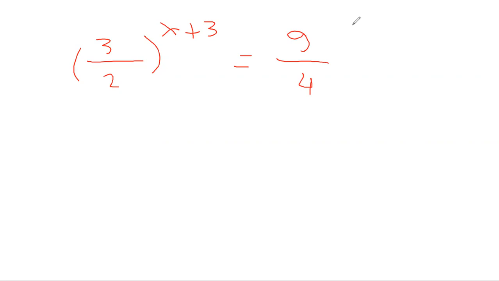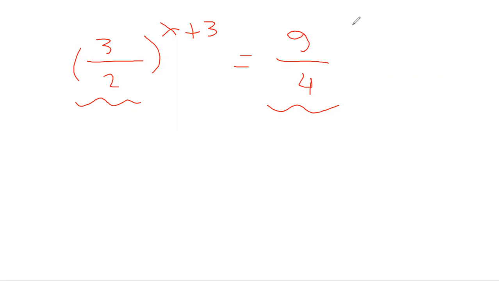First I will see whether x is up or down. If x is up, I must make the bases equal. If x is in the base, I must make the powers equal. Here x is up, in the power. I must make the bases equal. Can I make them or is it impossible? We can make them. How? I don't know.